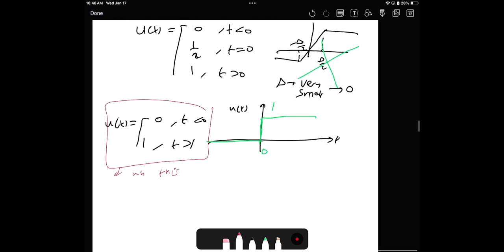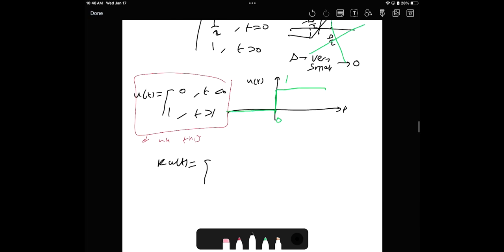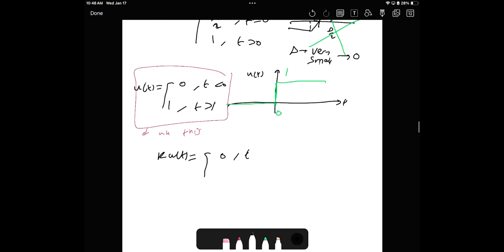So how about if I multiply a function like k u of t? What will happen? If t is less than 0, it will be 0, k times 0 is 0. If t is larger than 0, it will be k. So what's the point of this function? Why do I need to use it?